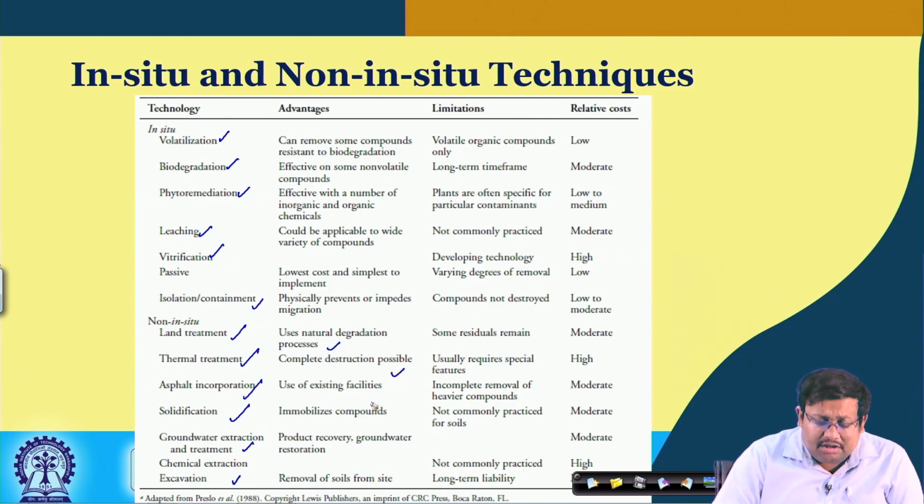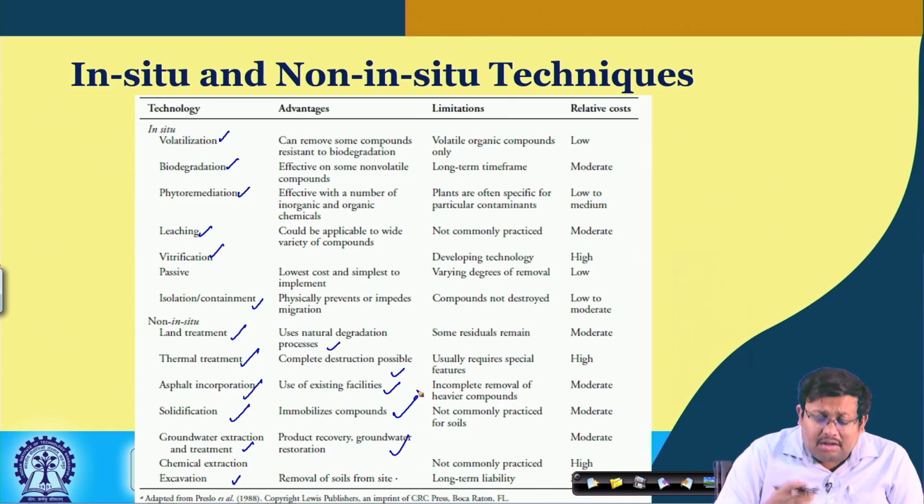In case of asphalt incorporation, it is the use of existing facilities, so it is helpful. In case of solidification, it helps by immobilizing the compounds. In case of groundwater extraction treatment, it helps in product recovery and groundwater restoration. And finally, in case of chemical extraction or excavation, it is basically the removal of the soil from the site.